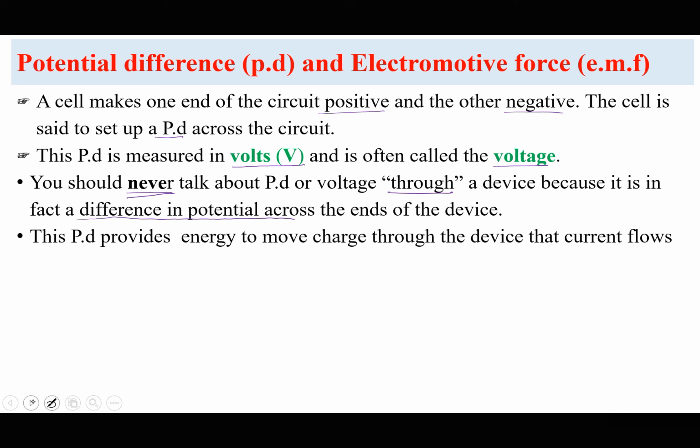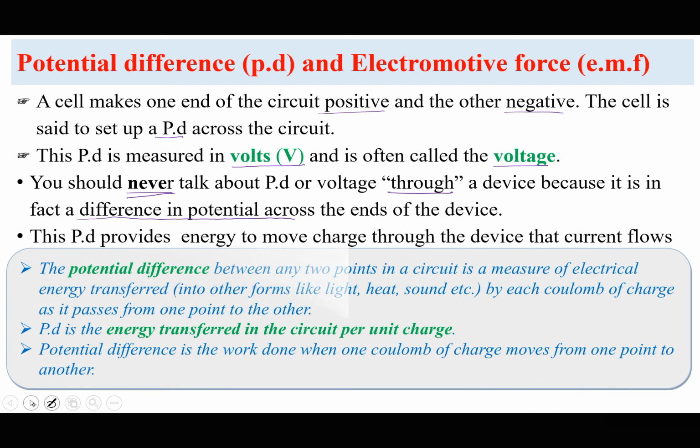Therefore, we shall say that the potential difference between any 2 points in a circuit is a measure of electrical energy transferred into other forms like light, heat, sound by each coulomb of charge as it passes from one point to another.